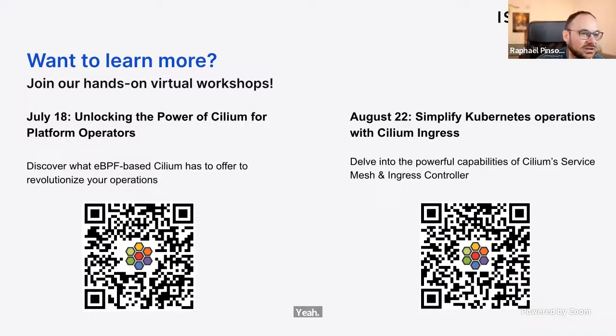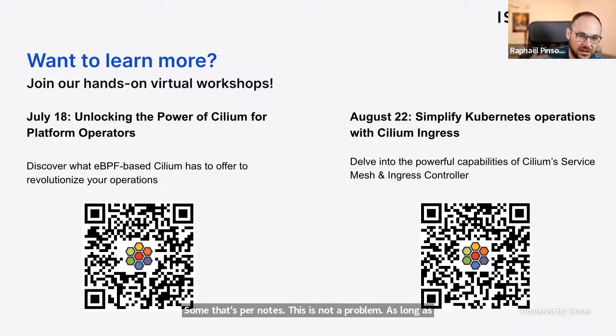Yeah. So if you have typically subnets per nodes, this is not a problem, as long as you don't dry out the subnet for your node. It's available right away. The problem happens more when you have typically a CRD-backed logic where you're getting the IP addresses from an external API, such as AWS in the context of EKS.